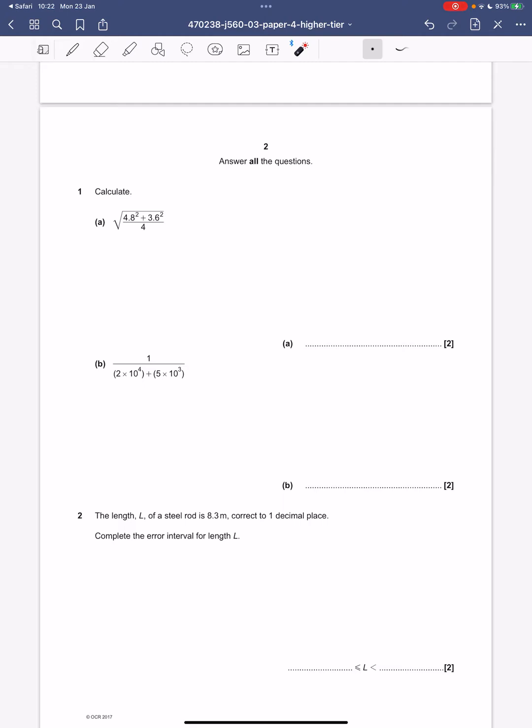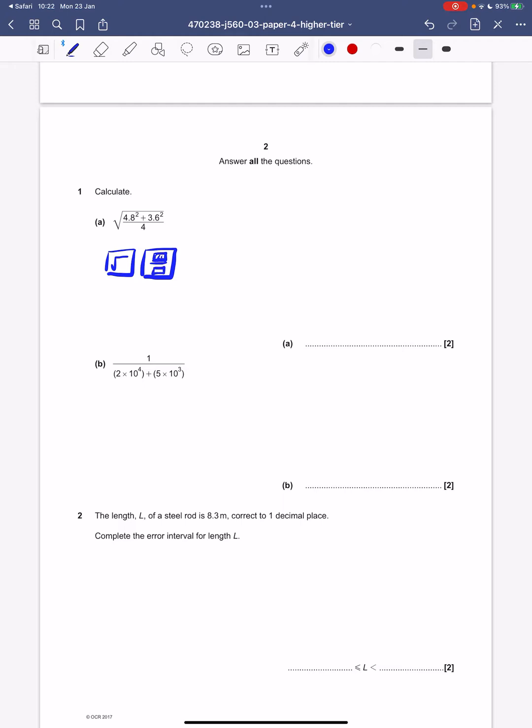So question 1, calculate that square root there. I'll write what I'm typing on my calculator. I type square root, and then I press the fractions button, which looks like this on my calculator. That one's shaded in and that one's blank.